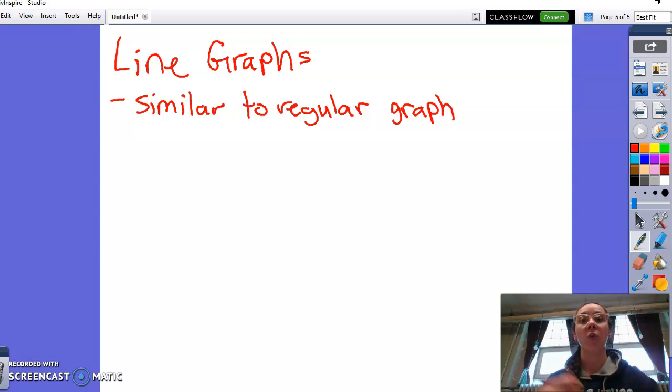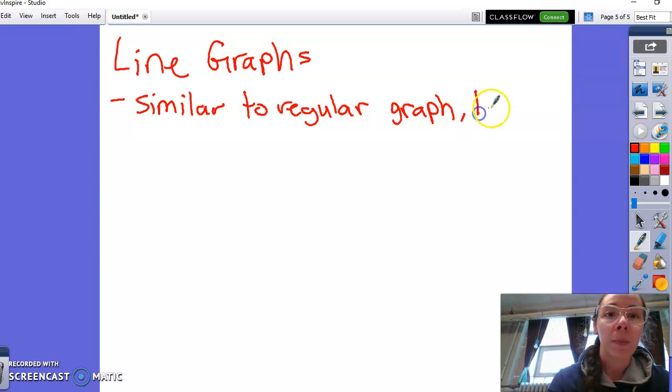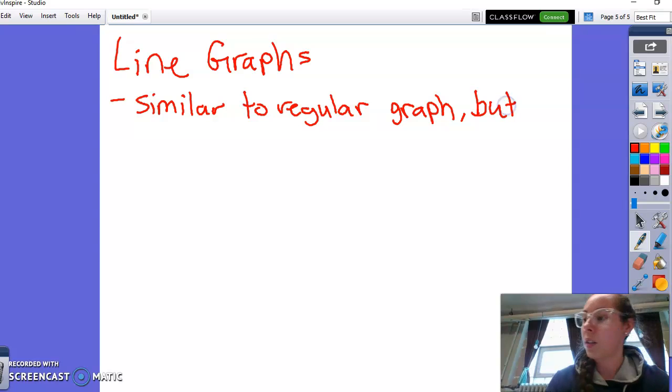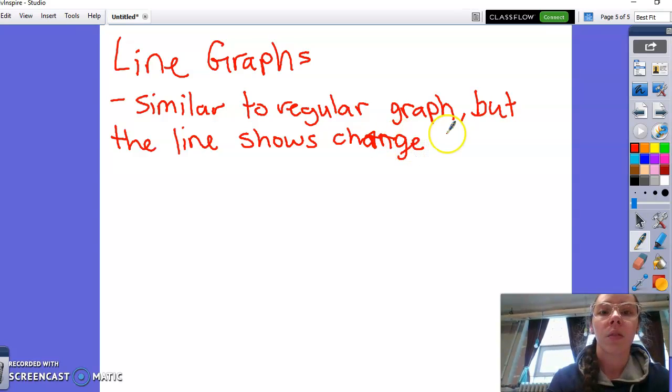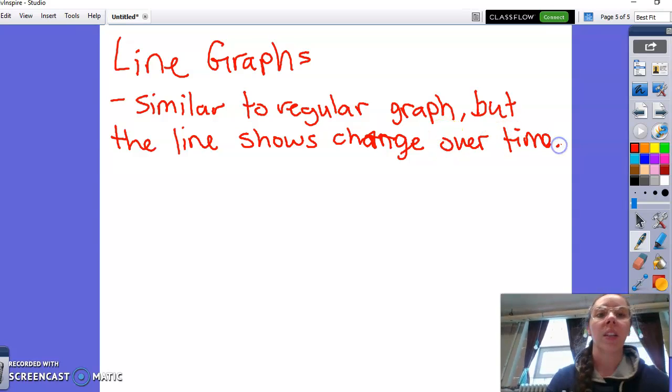This is similar to that, and we are going to continue to use those, except the difference is that the line shows change over time. Basically what that means is that these particular graphs are used to show how something is changing.